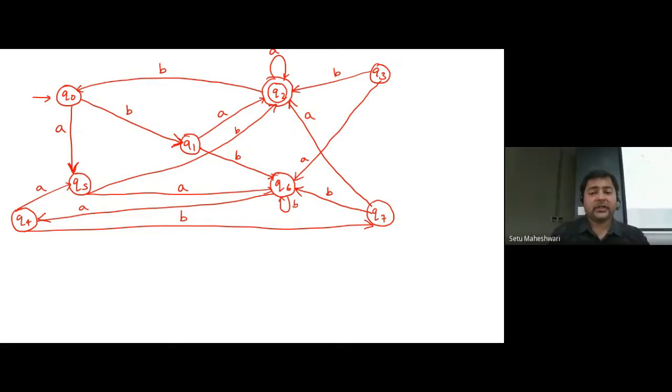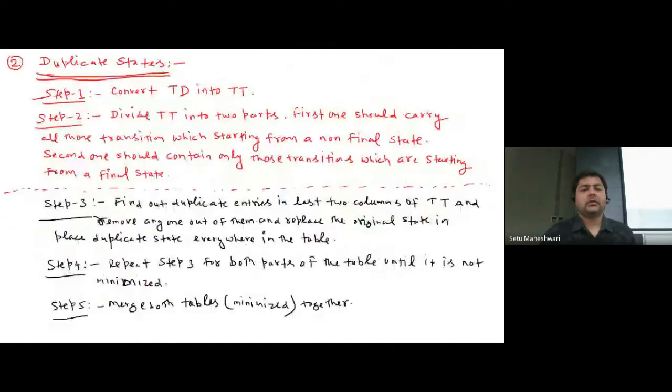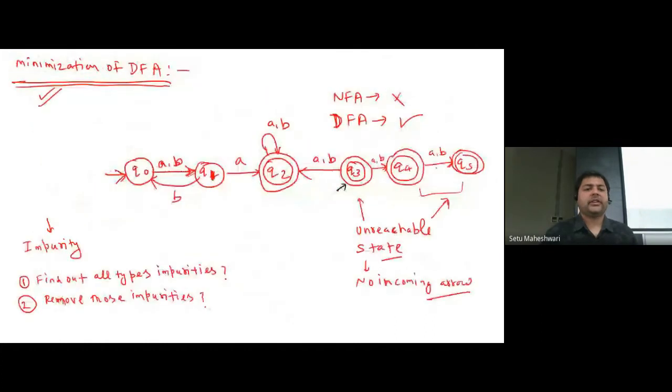It's not about whether it is reachable from the first state or not. It's all about whether it has some incoming arrows or not. It's never necessary that it should be reachable from the very first state onwards. If you remember, we have taken so many diagrams here. Here Q2, even this particular state was not reachable from the first state, it was reachable from Q1, but it doesn't mean that it becomes unreachable.